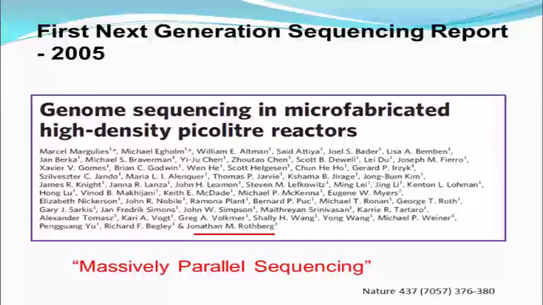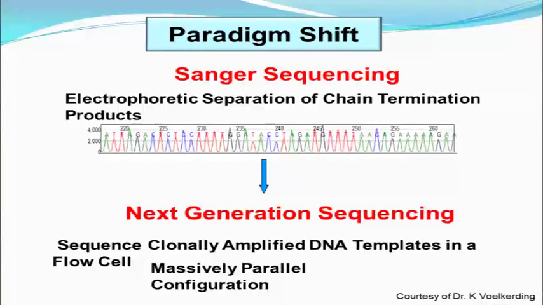It has been called massively parallel sequencing, and it significantly increased the throughput, allowing us to do large scale sequencing of our genome. Compared with Sanger sequencing, this technology has been called next generation sequencing. And since next generation sequencing was developed, we are in a paradigm shift. From Sanger sequencing, we now switch to next generation sequencing for the human genome.